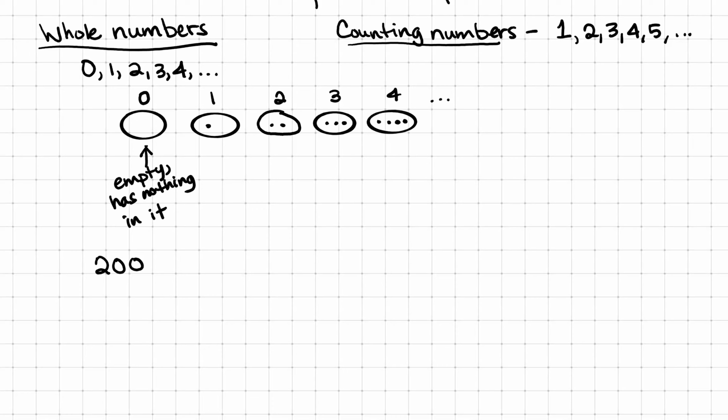So when we have 200, it means we have 2 in the hundreds place, 2 times 100, plus 0 times tens. We have nothing in the tens place and nothing in the units place. So whole numbers are very, very important in place value.